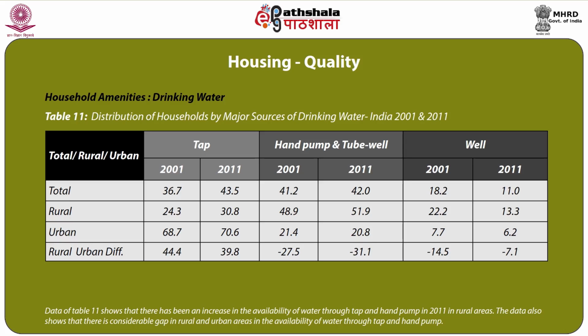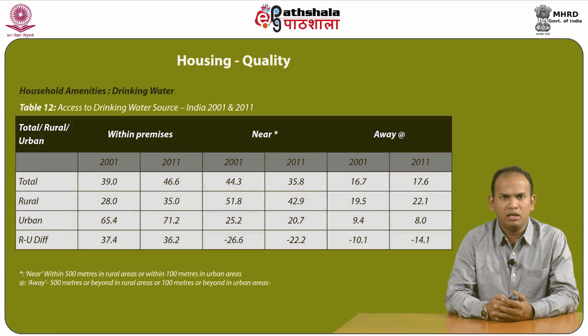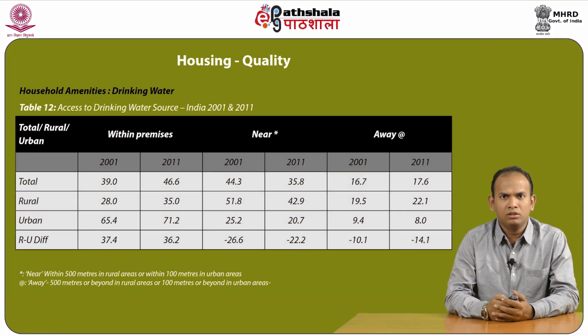The data also shows that there is a considerable gap in rural and urban areas in the availability of water through tap and hand pump. Table 12, access to drinking water source, India 2001 and 2011. In this, the categories are within premises, near, that is within 500 meters in rural areas or within 100 meters in urban areas, and away, that is 500 meters or beyond in rural areas or 100 meters or beyond in urban areas.